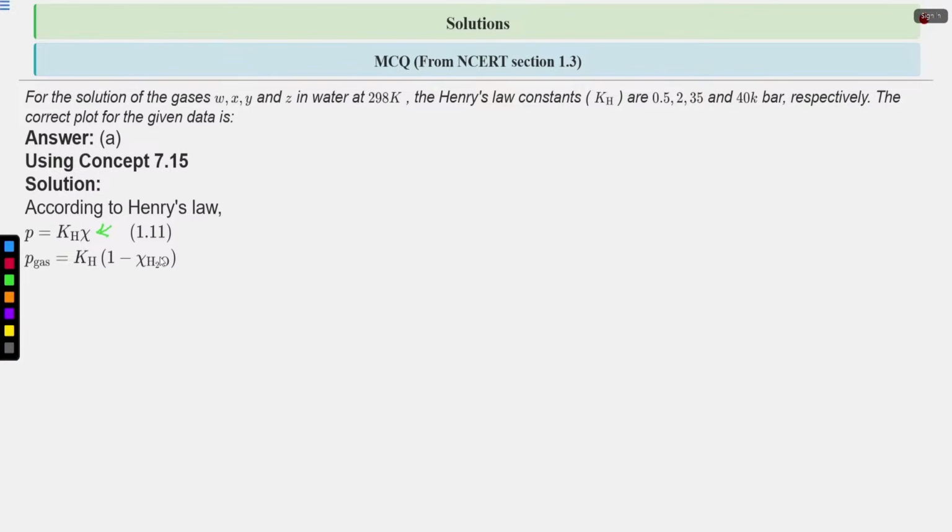Because the sum of the mole fractions of solute and solvent will be equal to 1. So the mole fraction of solute can be written as 1 minus the mole fraction of the solvent, which is water. Now, when you multiply KH inside the bracket, it will be KH minus KH times chi of H2O. Right? Let's suppose this is our first equation.